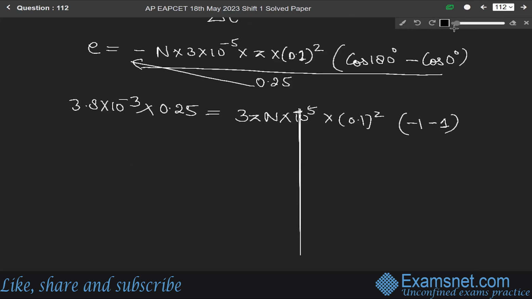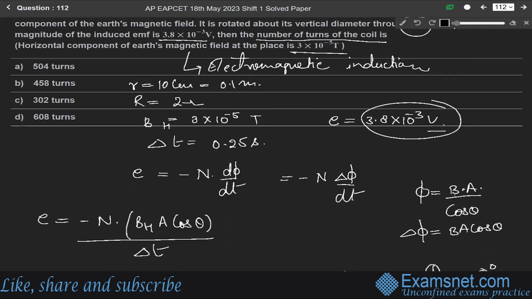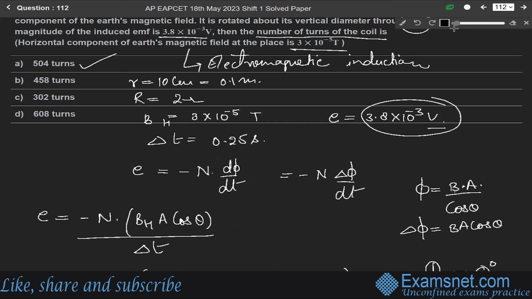So solving it we get N equals 504.25, which means N is 504, the number of turns in the coil is 504. So among these four options, option A is the correct answer.